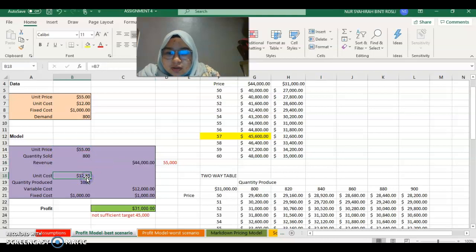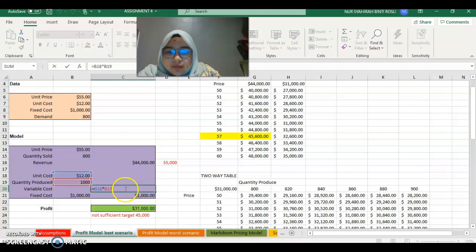And for the unit cost, it is 12 ringgit. The quantity produced is based on the assumption that we assume. And the variable cost is the unit cost times the quantity produced.